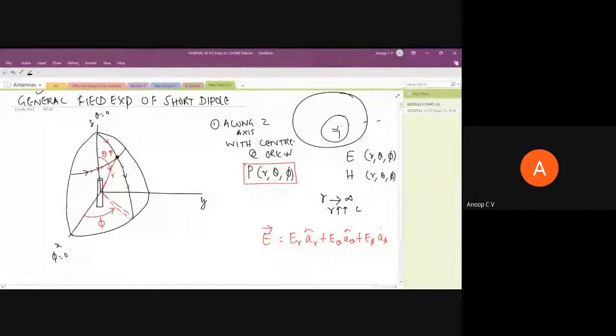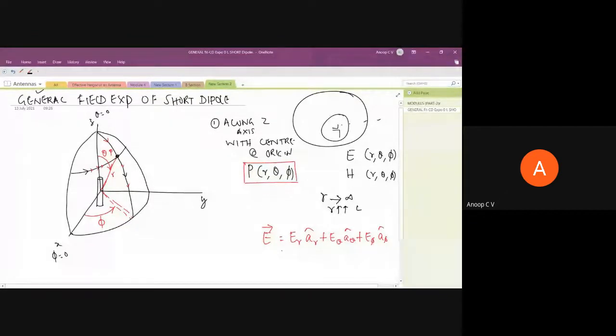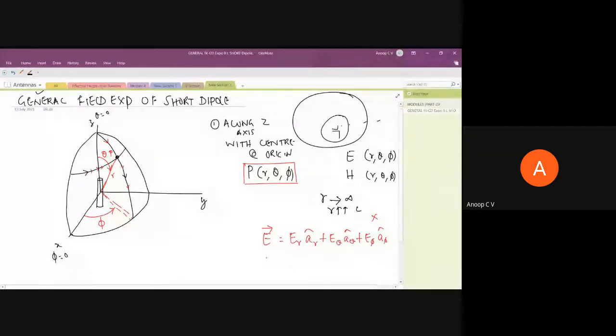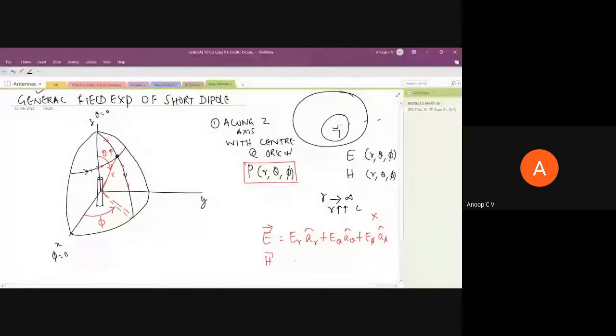I don't know yet which components are there. Later on we'll see it won't have any phi component, only r and theta components. Similarly, the magnetic field H will be H_r a_r cap plus H theta a theta cap plus H phi a phi cap.